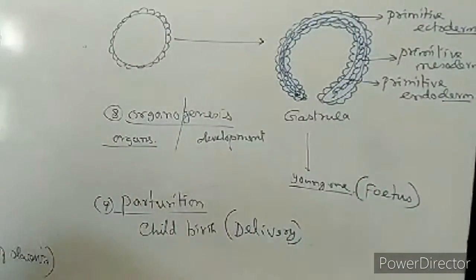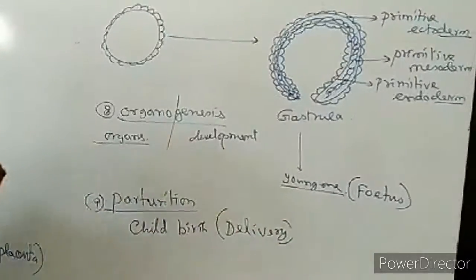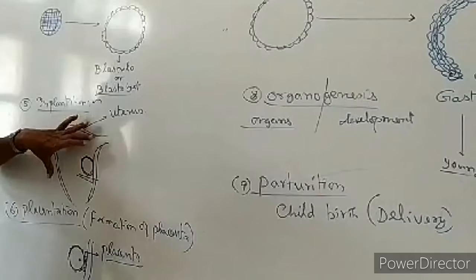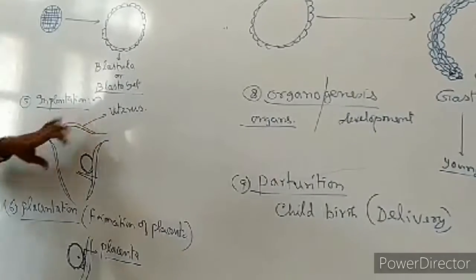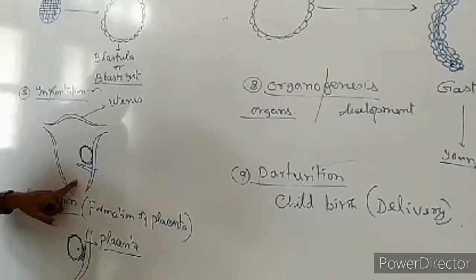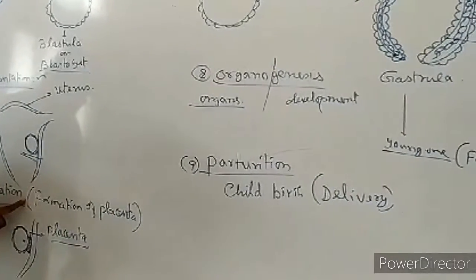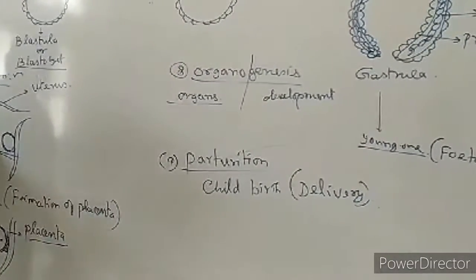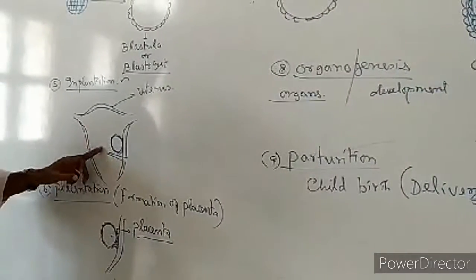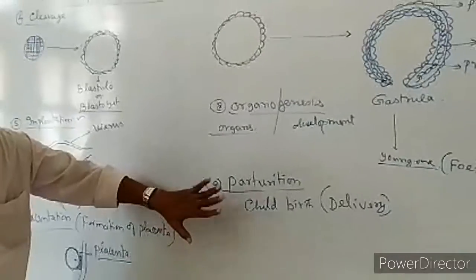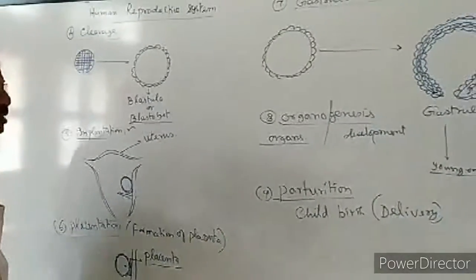Once the complete young one is formed in the uterus of the mother, and formation is over, the uterine wall will slowly contract and send the fetus, that is baby, young one, through the reproductive tract and finally out. This is called childbirth or delivery. That is called parturition. It is the last event happening in human reproduction.